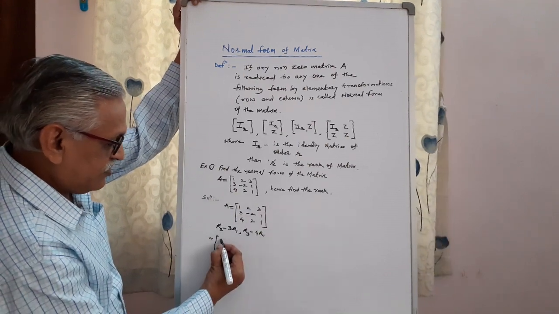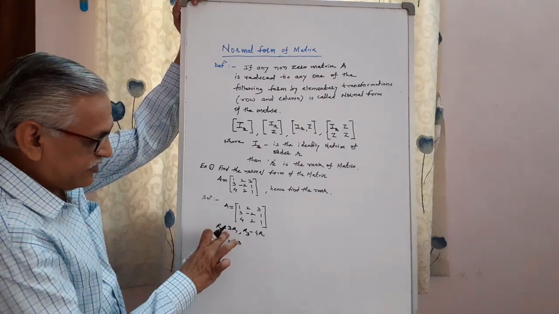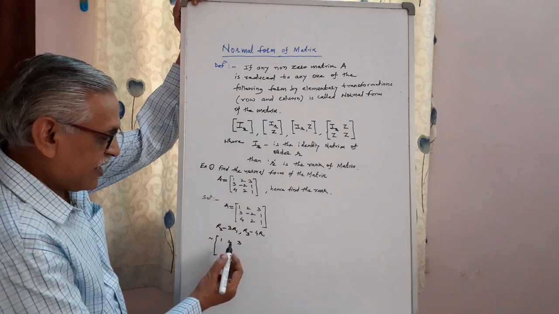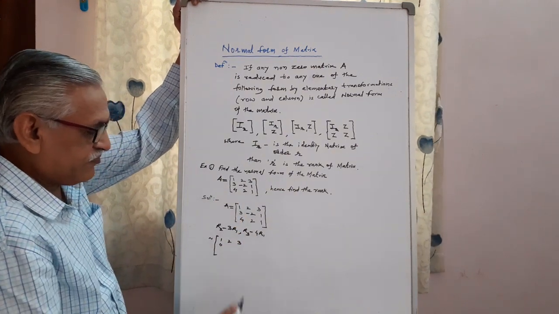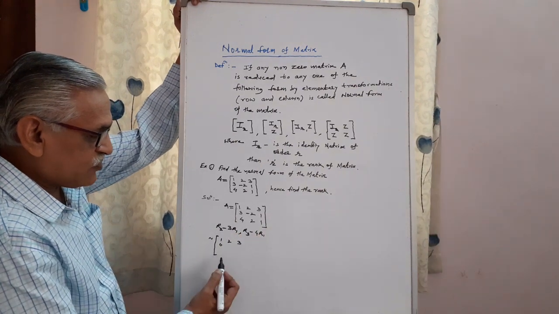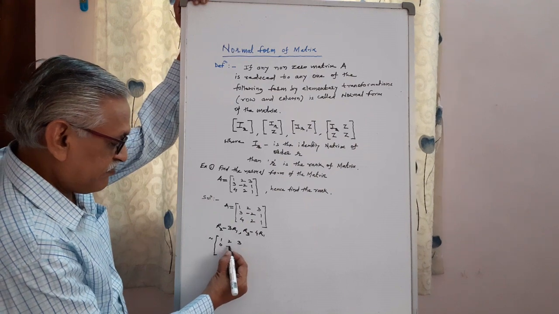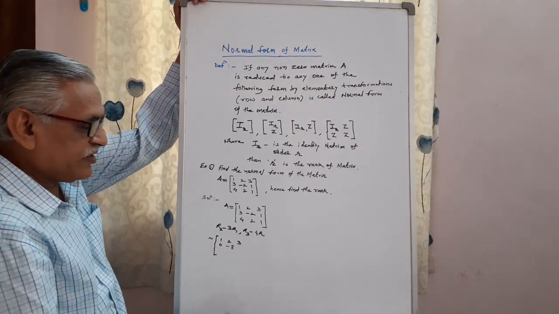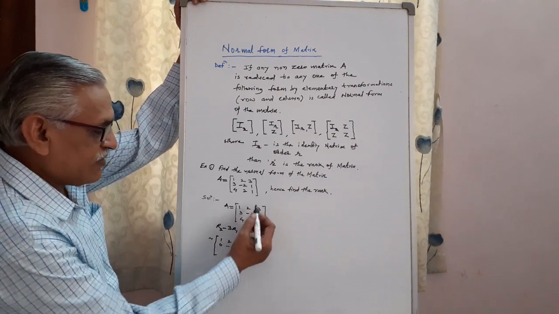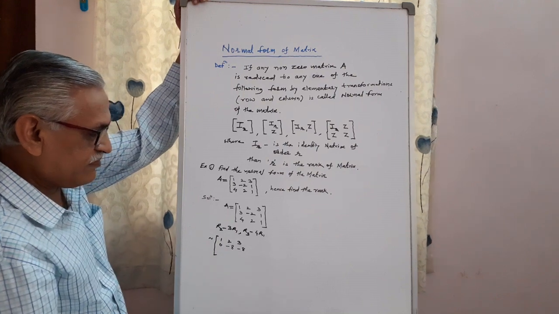First row no change, 1 2 3. Applying R2 minus 3R1: 3 minus 3 times 1, we get 0 here; minus 2 minus 3 times 2 means minus 2 minus 6, minus 8; then 1 minus 3 times 3 means 1 minus 9, we get minus 8.